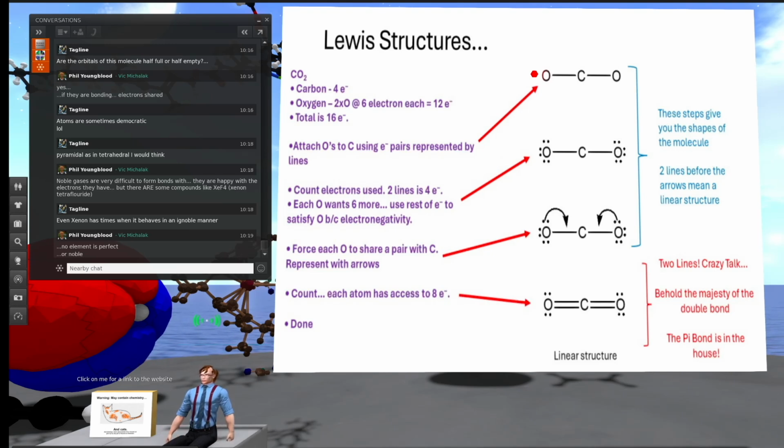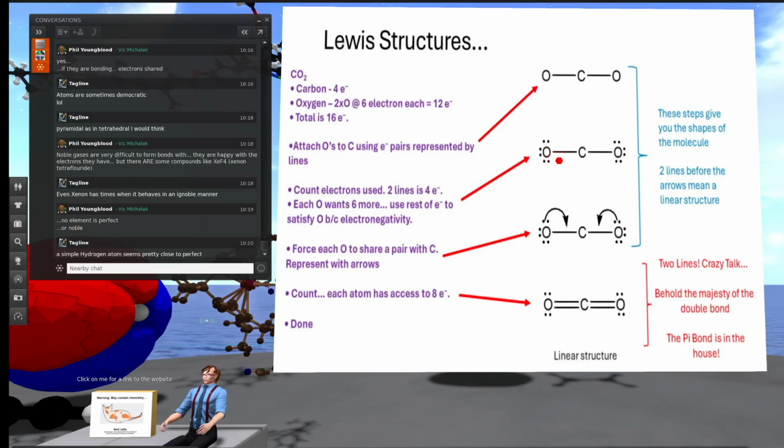So what we have to start with is attaching everything with at least a pair of electrons to each other. So my top structure has the oxygens attached to the carbon with single bonds. I have now used 4 electrons of those 16. Then what we do is figure out who to give the rest of the electrons to. There's a thing called electronegativity.